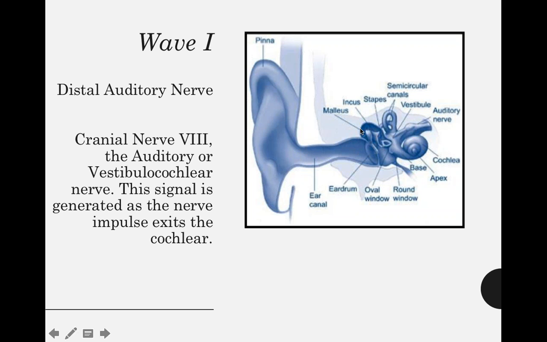It goes through the mechanical mechanisms here of the malleus, the incus, and the stapes, stimulates the fluid inside of the cochlear, causes it to vibrate and activate the hair cells inside the cochlear, which then converts this mechanical signal into a chemical signal, which then becomes an electric signal traveling down the auditory nerve. So as the nerve becomes activated by the sound, that is where we get wave 1. And this correlates to the clicking sound.